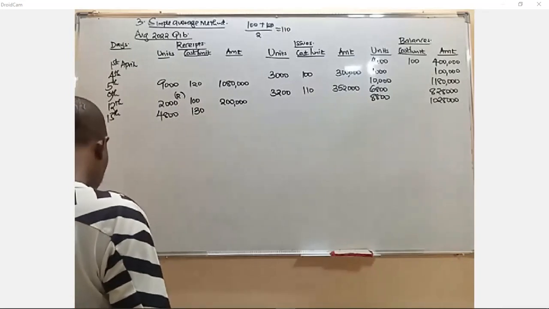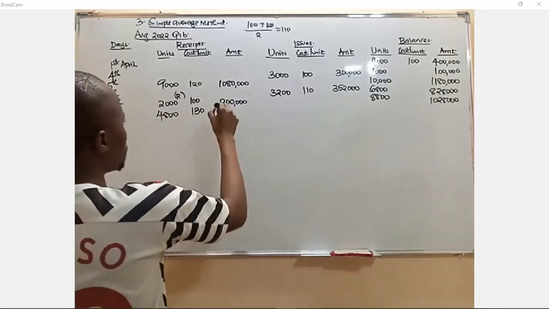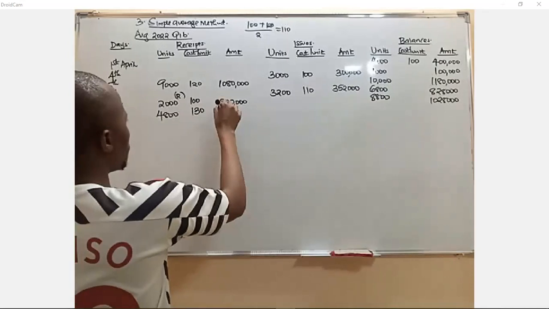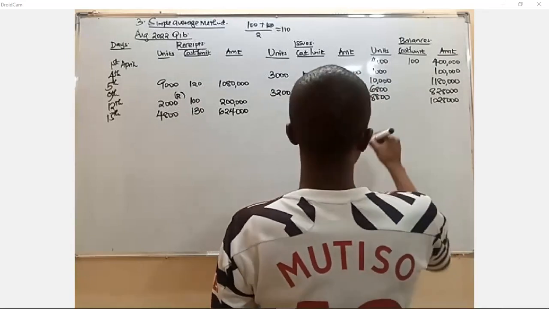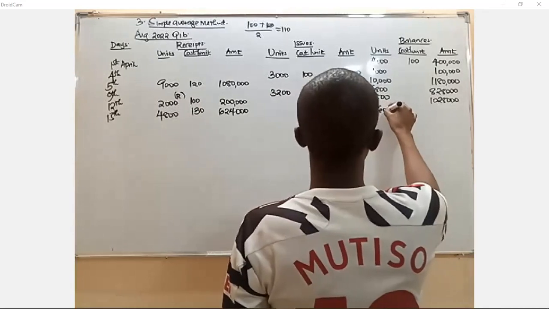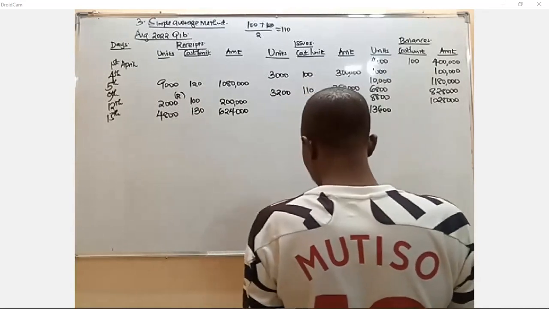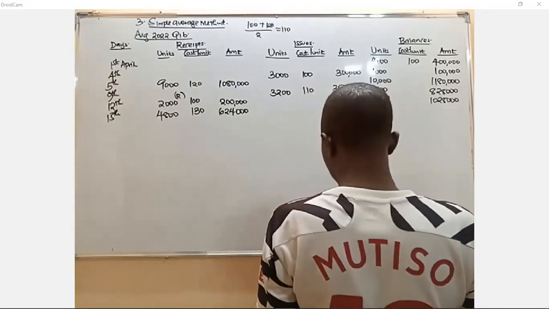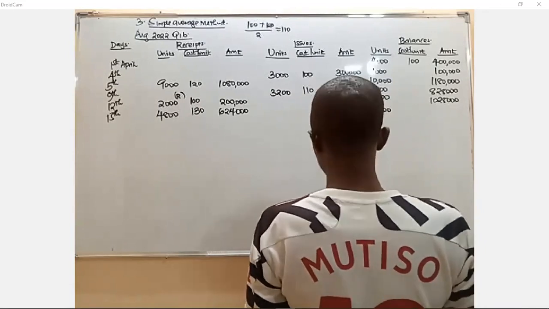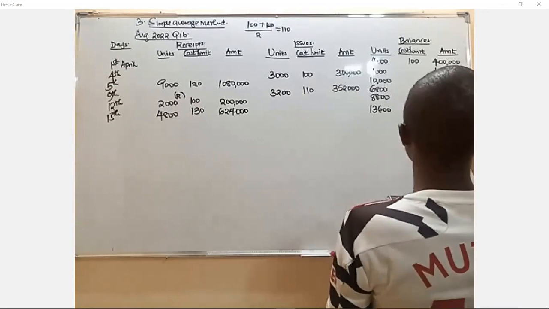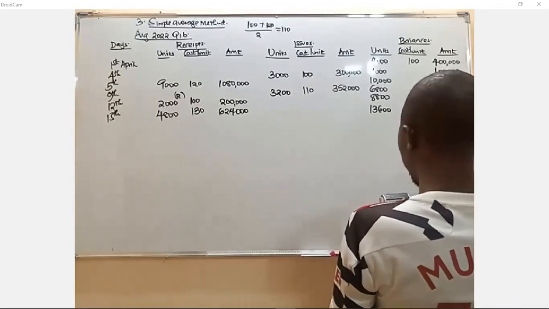Getting 624,000. Take them to store, 4,800 plus 8,800, getting 13,600. So 1,028,000 plus 624,000, which is 1,652,000.